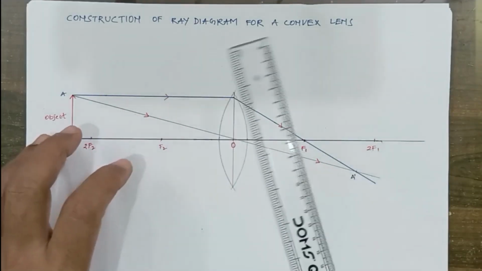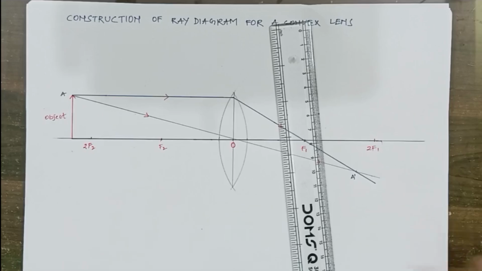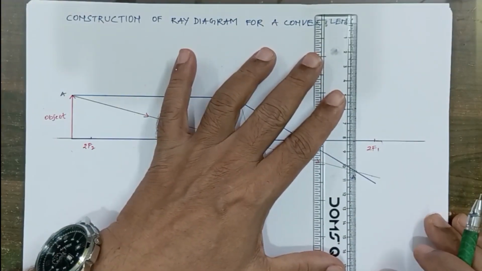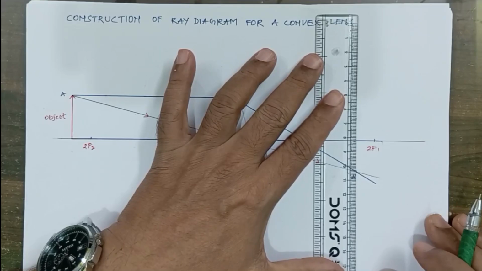So now, using these three rays, we can easily identify the image of the object.